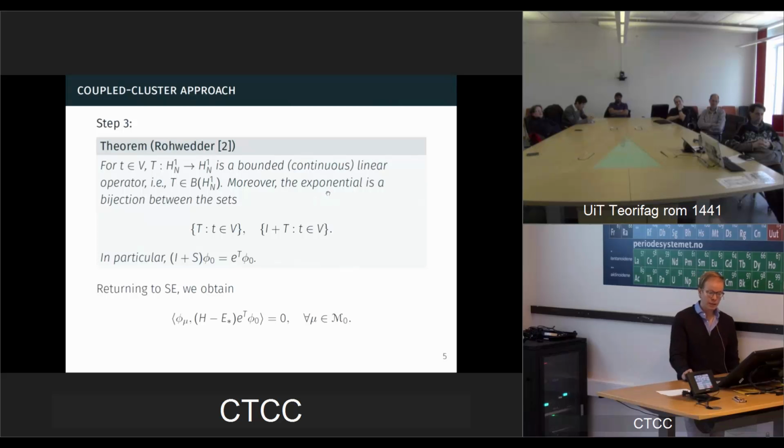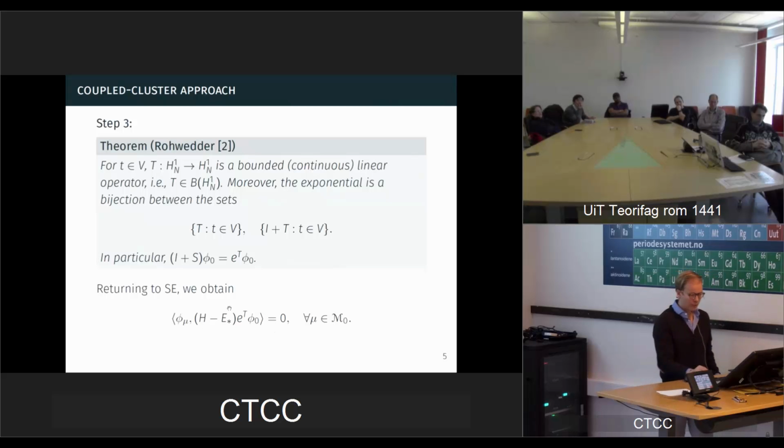And moreover, the exponential is a bijection between this set here and this set here. So that means that we can find a T such that the exponential of T is exactly identity plus S.